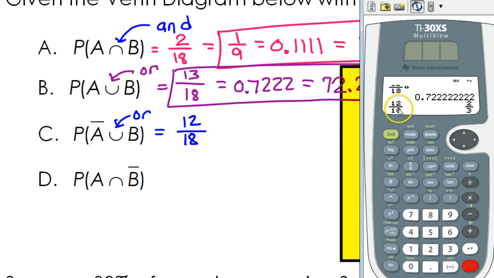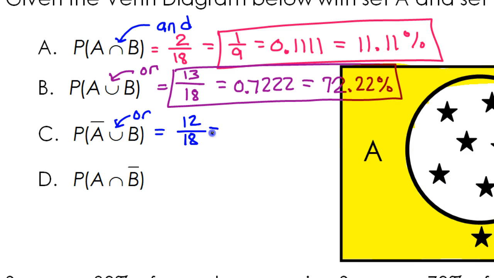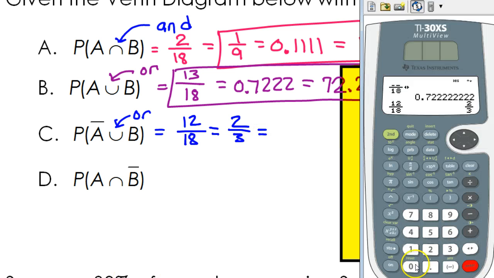I'm sorry, I said they're both divisible by 3, which was true, but they're both divisible by 6, so 2/3 is what it reduces to. That's going to be 2/3, which as a decimal is 0.6 repeating. You can just toggle it. It's 0.666, and I'll put 7 because you have to round that last one up.